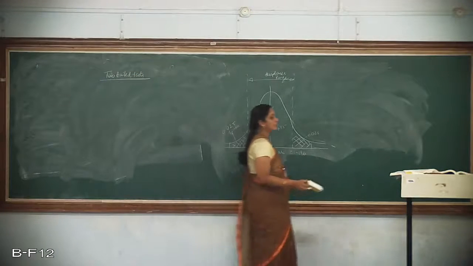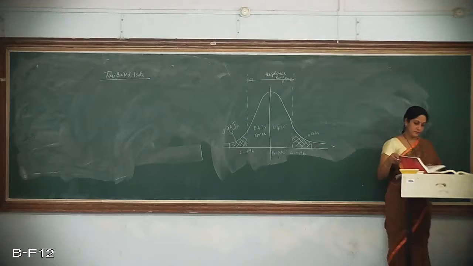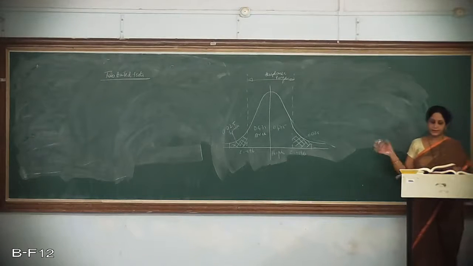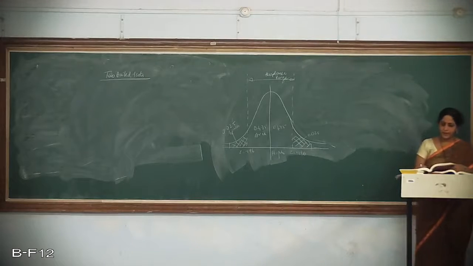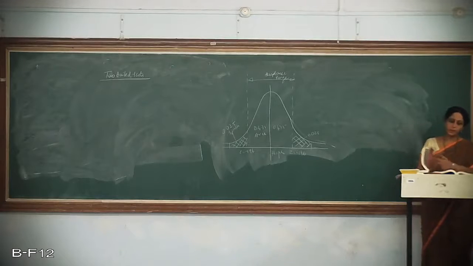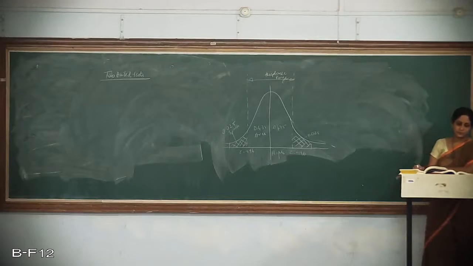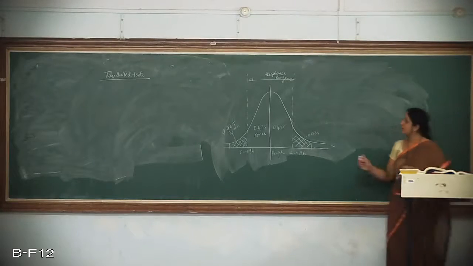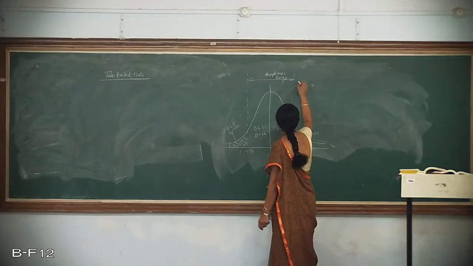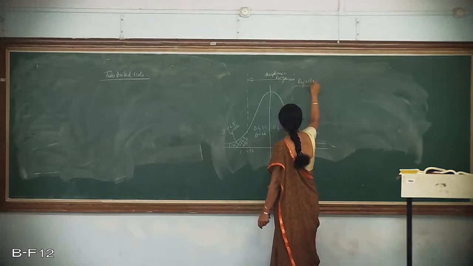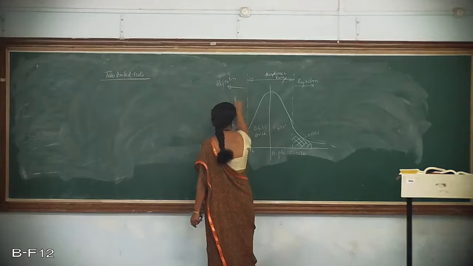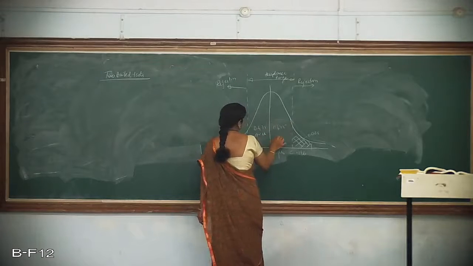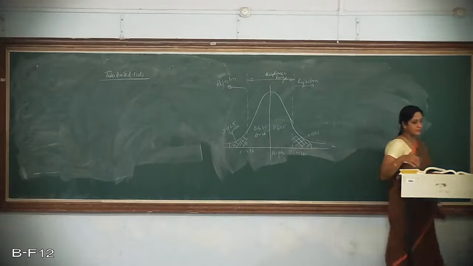When I talk about two-tailed or one-tailed tests, their significance is usually in the context of hypothesis. So here I can write acceptance range, and these are the rejection ranges on both sides. The total is 95% acceptance level in the case of the two-tailed test.